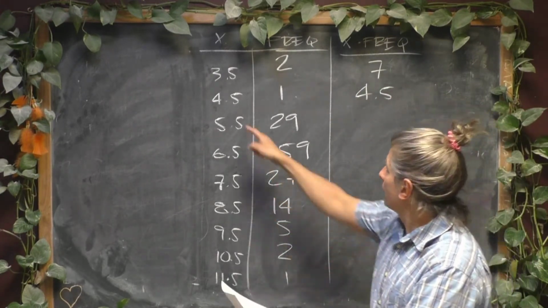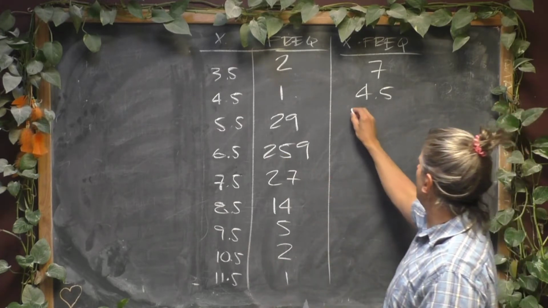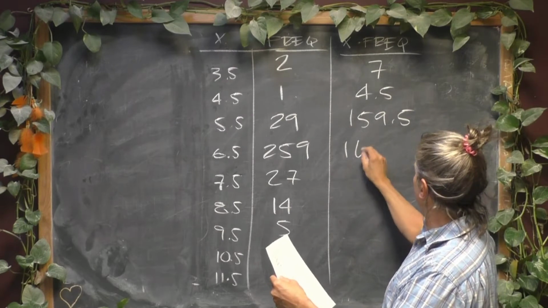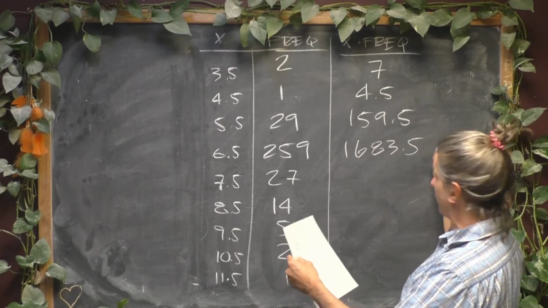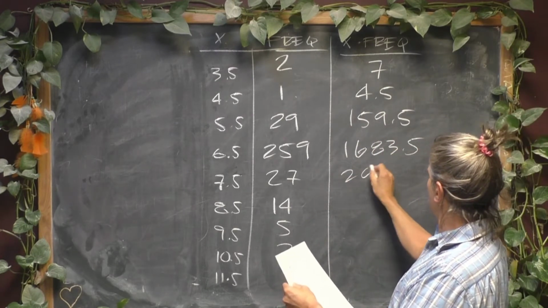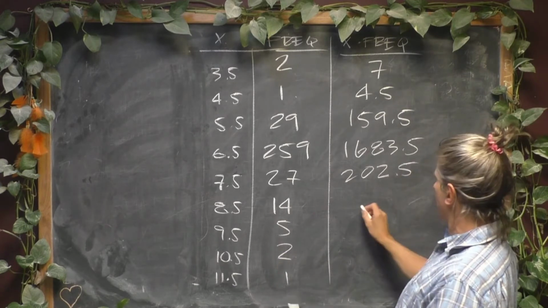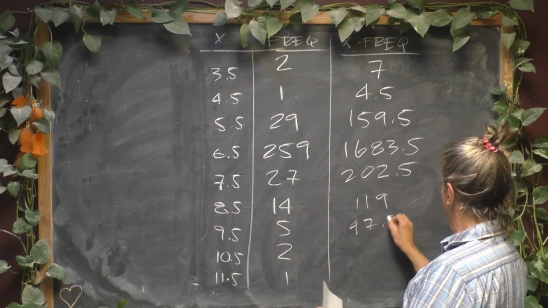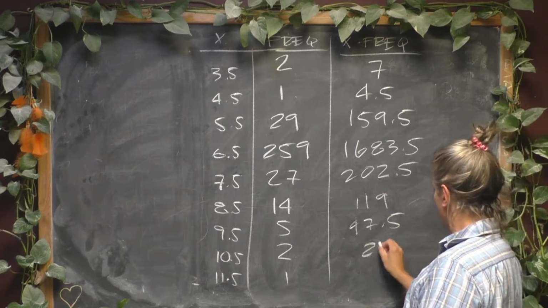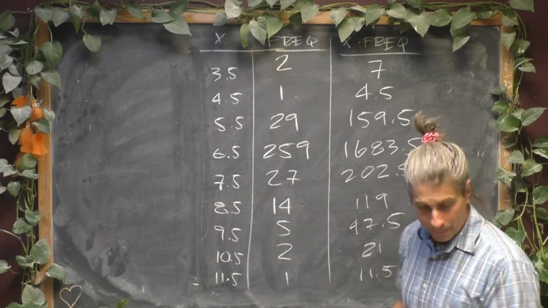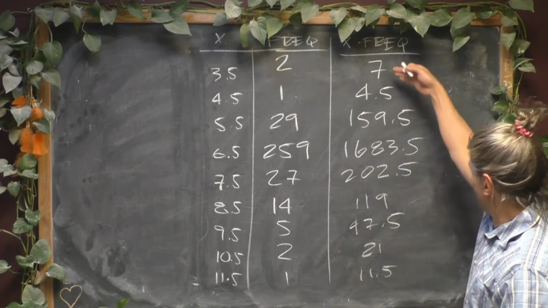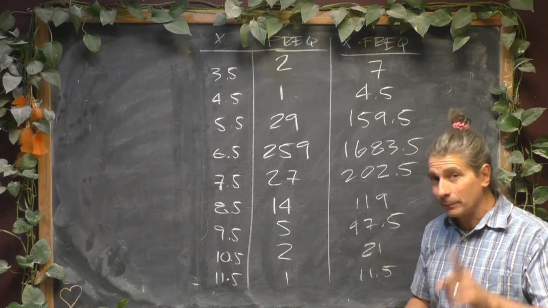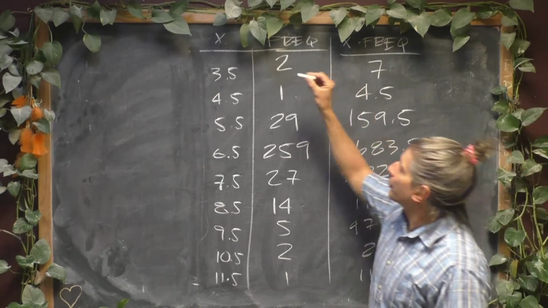So 5.5 times 29 is 159.5. Then 1683.5, 202.5, 119, 47.5, 21 and 11.5.